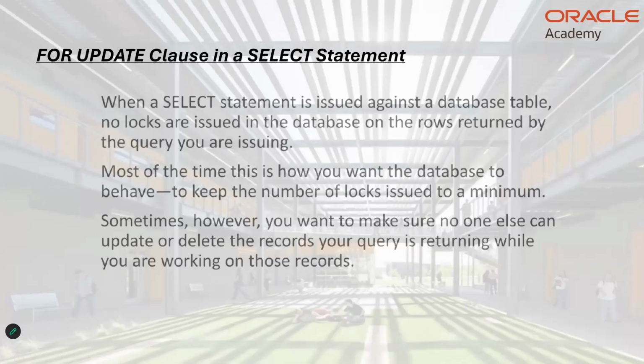All right, so there's a clause that you can use basically to lock data so that someone cannot change it while you're selecting it. Or you can lock it so you can update it so someone can then select it, either way. So the for update, when a select statement is issued against a data table, no locks are issued. That's basically a system default.